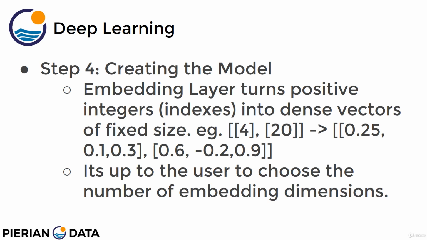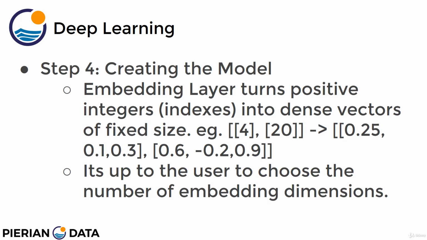So for example, we could imagine that we have some letter encoded to number 4 and another letter encoded to number 20. And what we're going to do is choose some number of embedding dimensions, and the embedding layer will actually turn those single integers into dense vectors where there's a number per dimension.